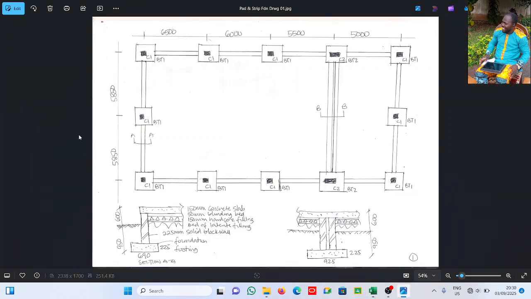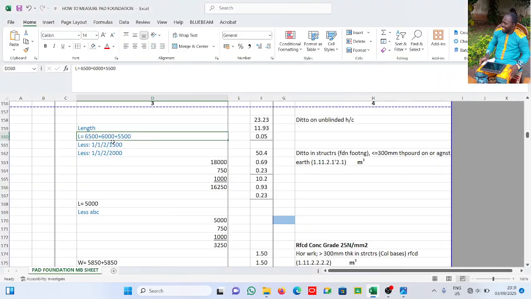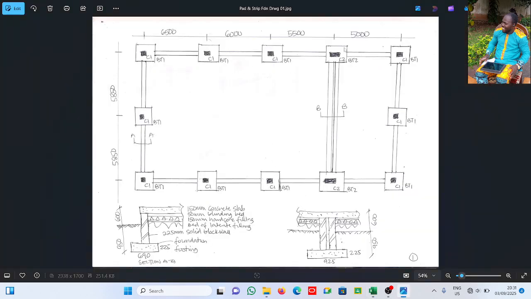This is the length. Okay, I want to do this one first. That's what I have here. 6565 plus this. Aha, I get it. So this here, this one first. This is 2000. So I less 1 by half by 1.5 and 1 by half by 2000.